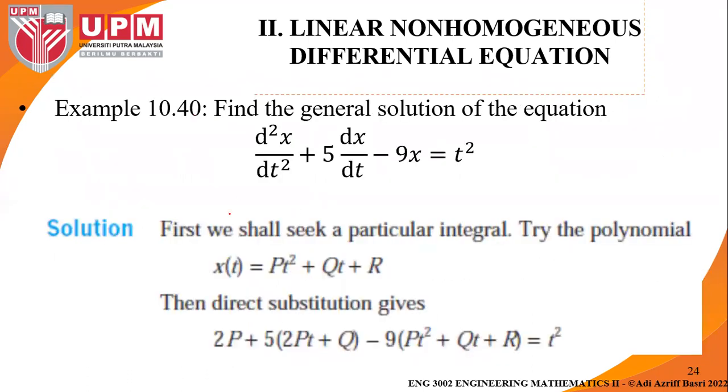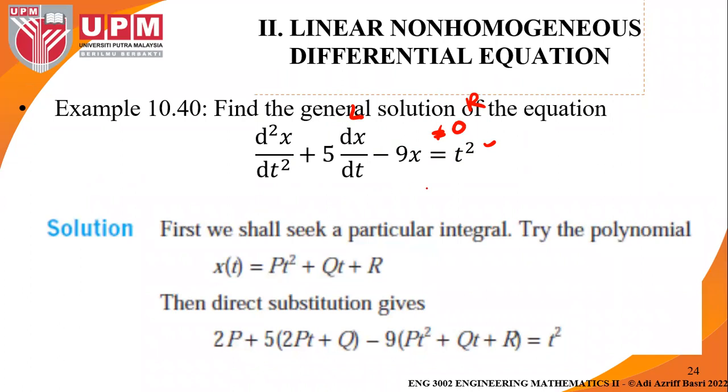Okay, so for non-homogeneous equations, we know that your main equation is not equal to 0, it's equal to something, an answer on the right side. You have a left hand side and you have a right hand side.